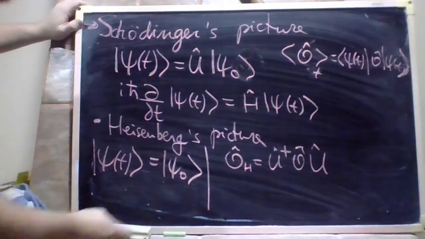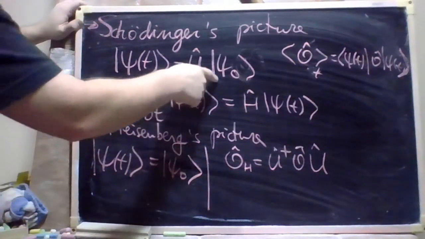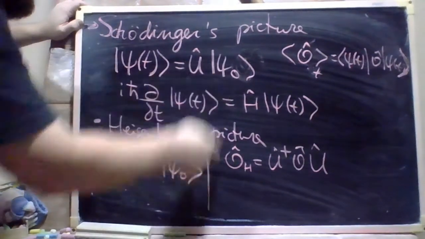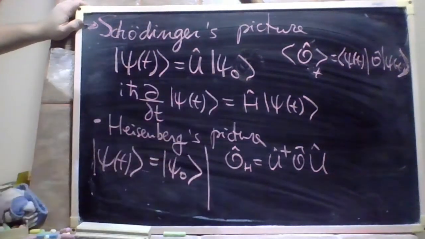In one scenario, you apply the evolution operator to the physical state, in the other to the physical observables.